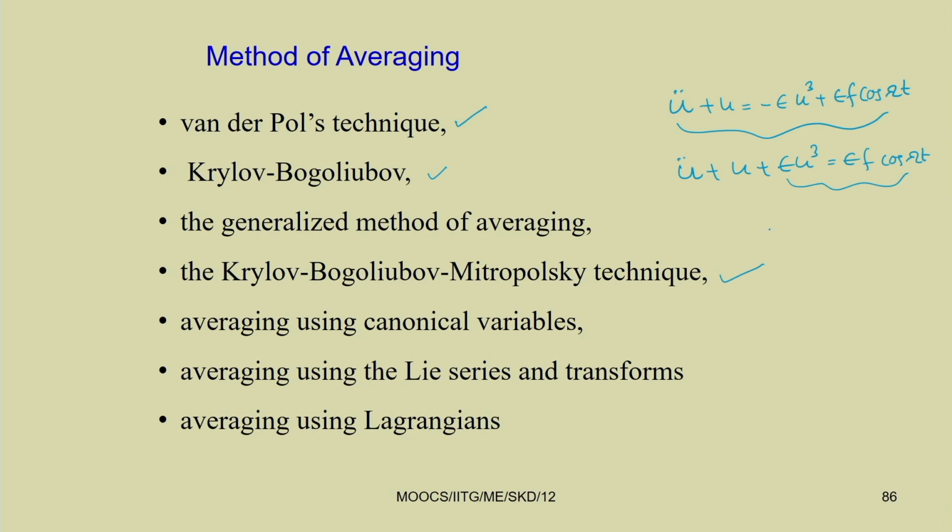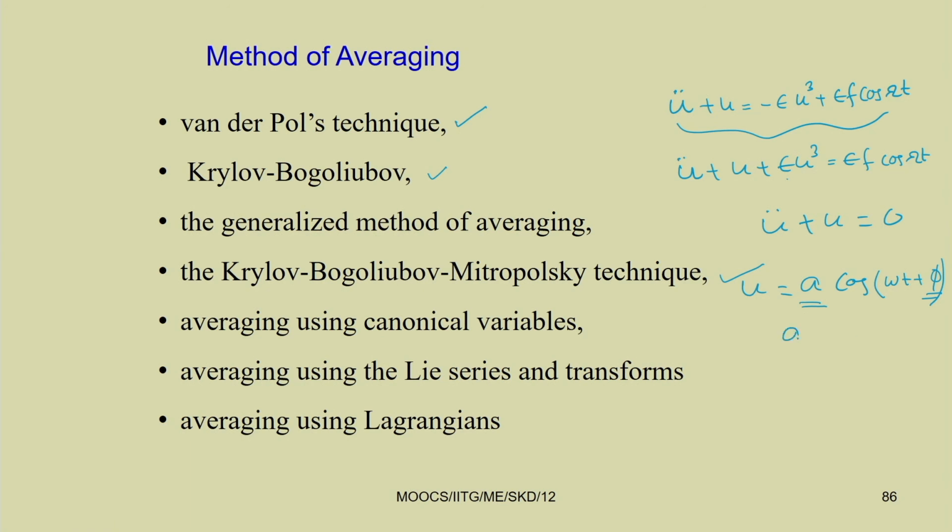Its solution becomes u equal to a cos omega t plus phi. Here in the method of averaging, it is assumed that a and phi are not constant, but slowly varying functions of time.